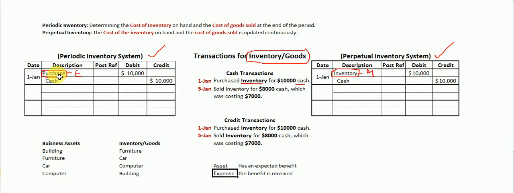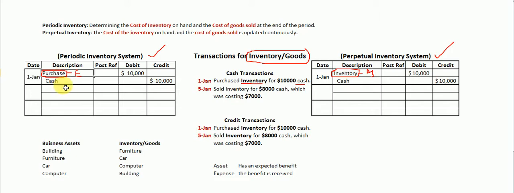Again confusion. Look, dear students, the periodic inventory system assumes that something we have purchased is an expense, though in a real sense it is not, but we record it as an expense. Here we assume it as an asset, and it actually is an asset.